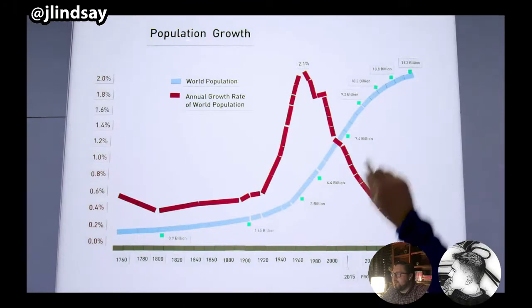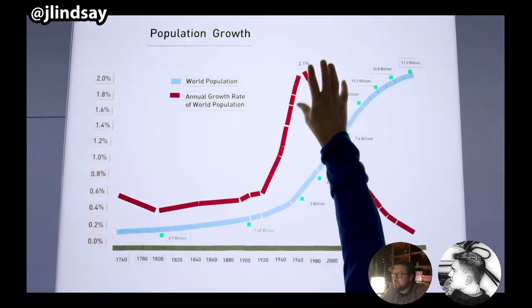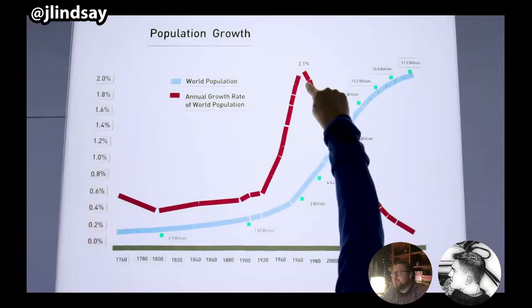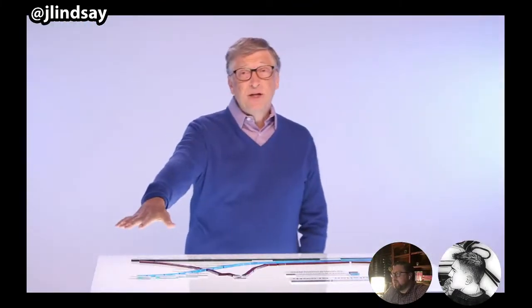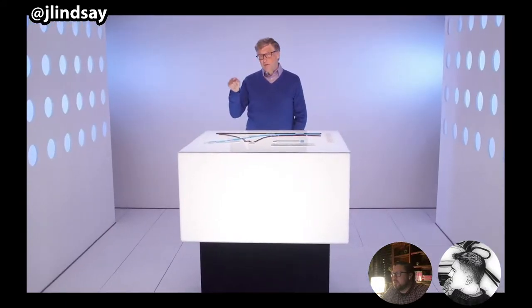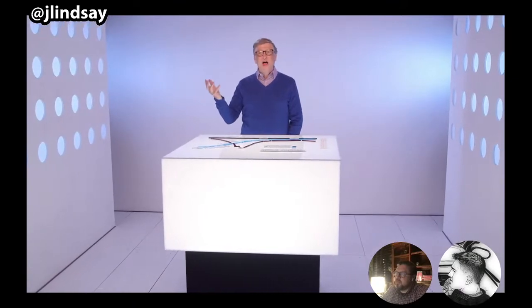Another way to see that is through this rate of population growth. And you can see that in the 60s, that reached a pretty high number, over 2% per year, and it's now come way, way down. Now, 11 billion people, still a lot, but the good news is that the faster we improve health, the faster family size goes down, and so we can feel great about saving those lives.